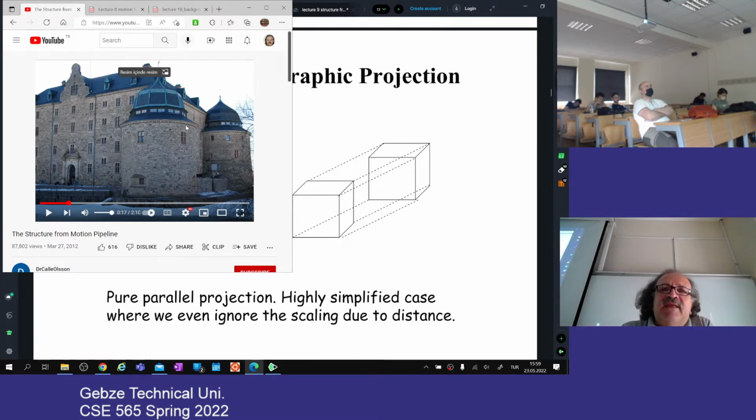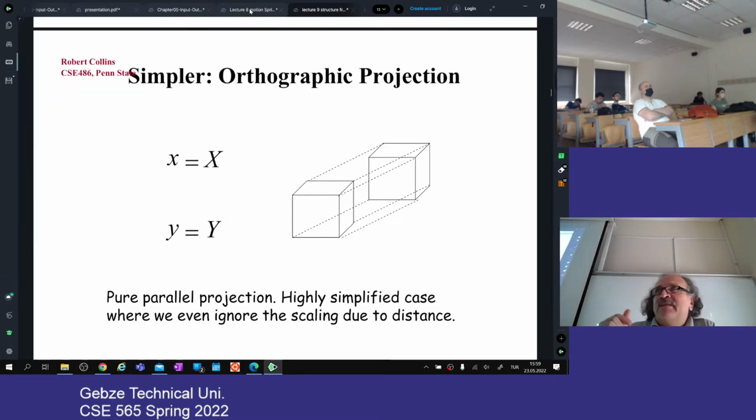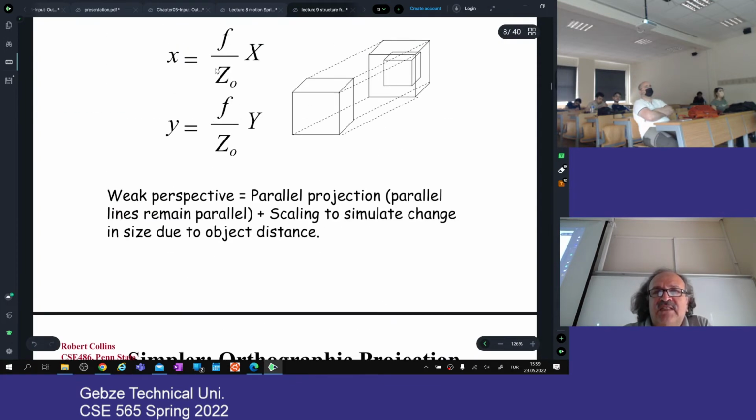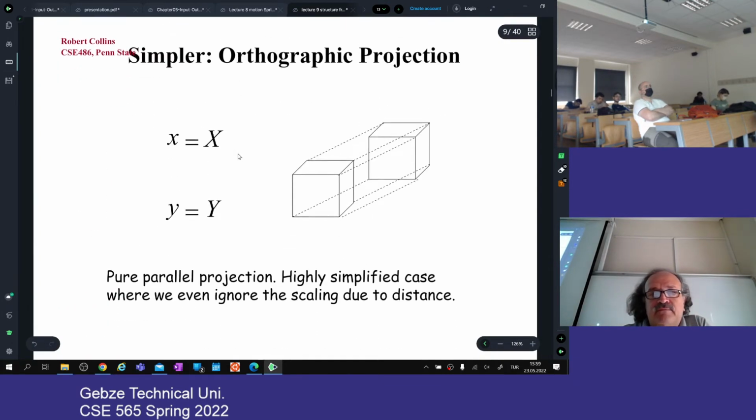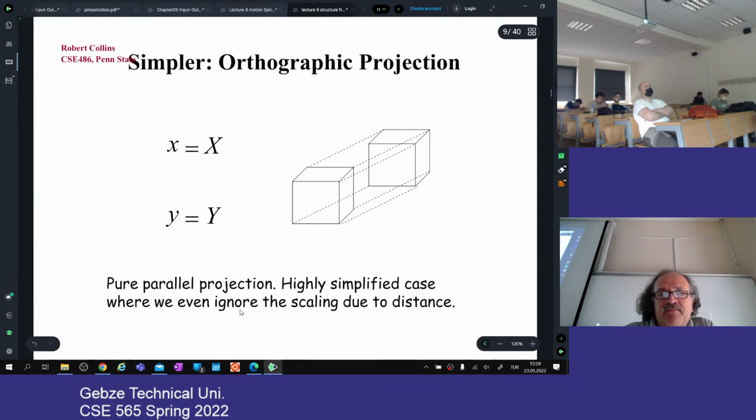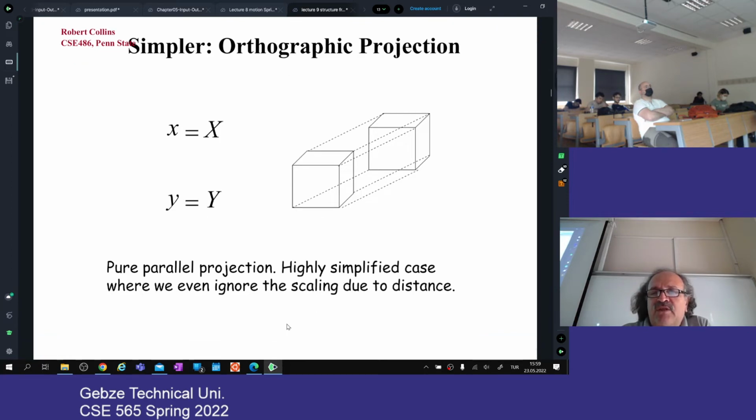The important thing here is the relative distance between the scene points and the relative distance between the camera and the scene points. Later I can always multiply those distances with a constant number, which is this f over z0. So this is pure parallel projection, a highly simplified case where we ignore even the scaling due to distance.